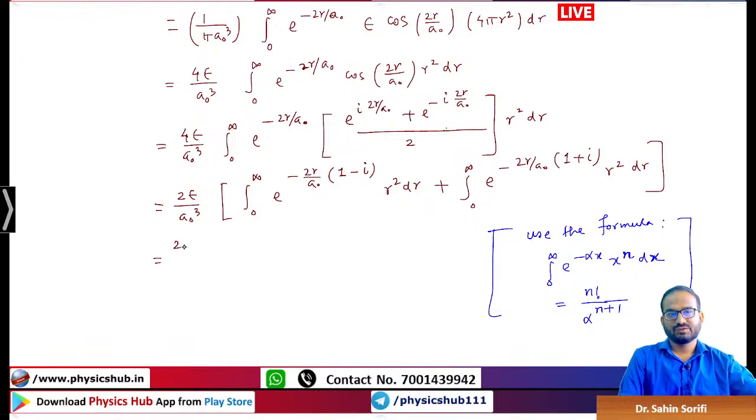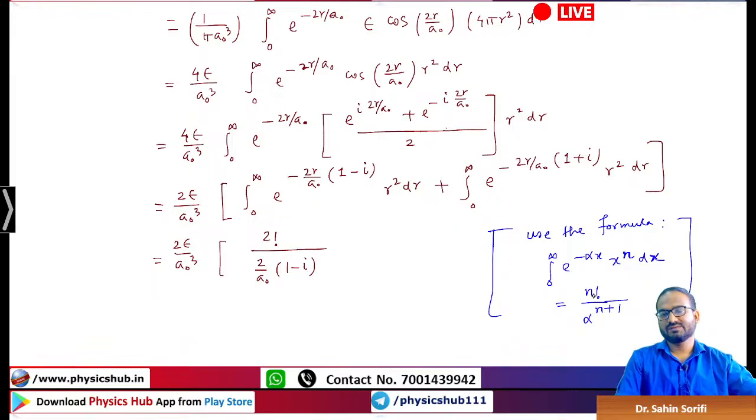So you see 2 alpha 2 epsilon by a naught cube. The first integration, n is equal to 2, so 2 factorial divided by alpha, which is 2 by a naught (1 minus i).